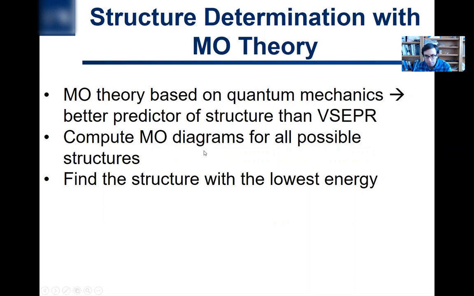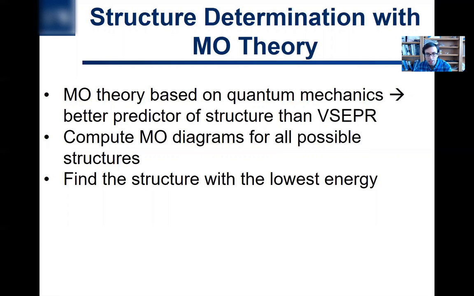And here's sort of the bummer part: we don't get the lowest-energy structure directly. One approach, and sort of the most obvious approach, is to draw all of the different MO diagrams, compute all of them for all the different possible structures you can think of, right?